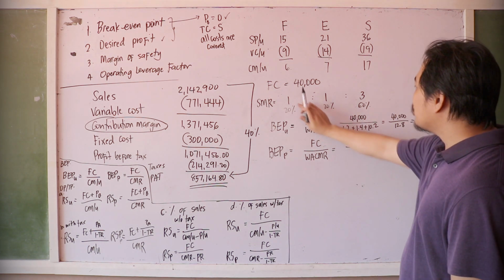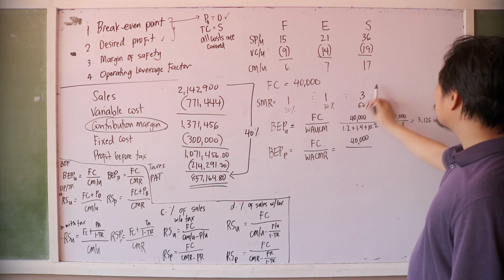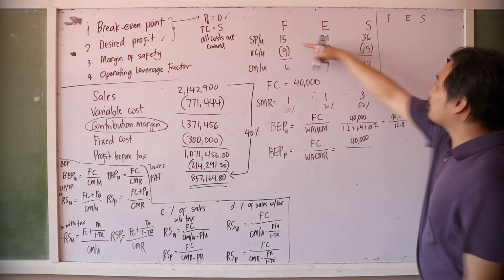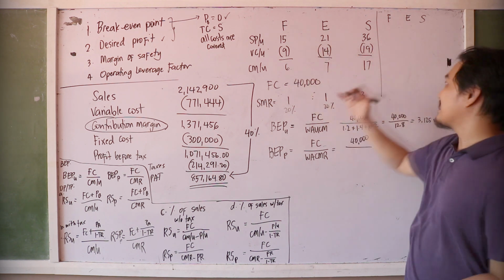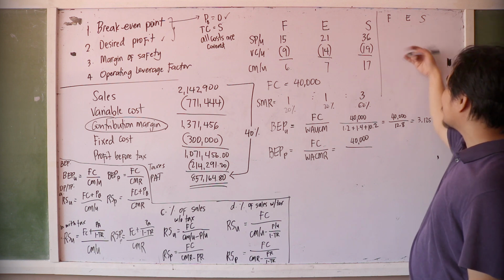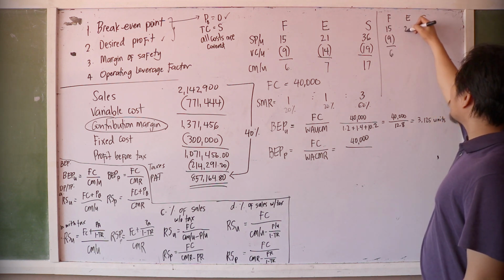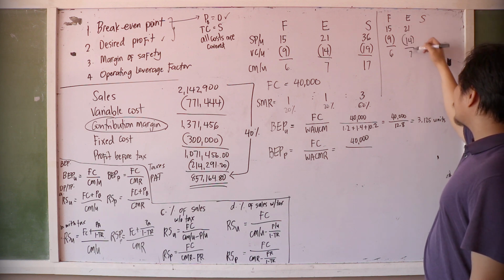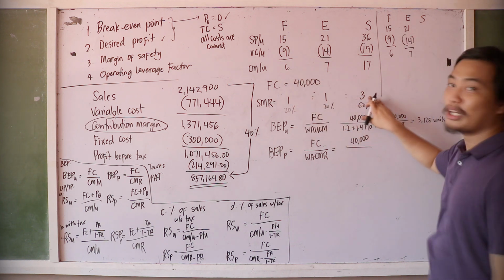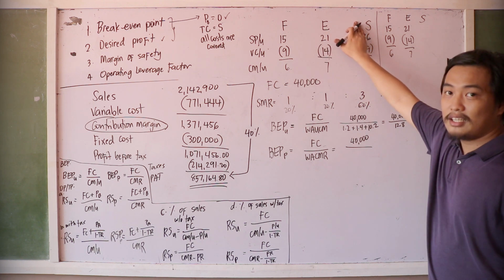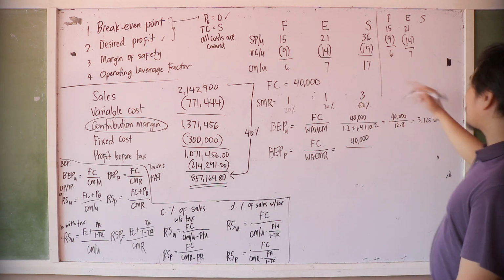If susundin natin yung 1:1:3, ang magiging sales natin would be, syempre, okay na lang natin ito kasi isa lang naman nila. So, ang contribution margin nila is 6. No? So, 15 minus 9, 6. 21 minus 14, 7. Kasi yan, isa lang naman nila. And then, ito tatlo daw eh. Sa bawat isang mabenta na dalawa, ayan, tatlo daw nito.